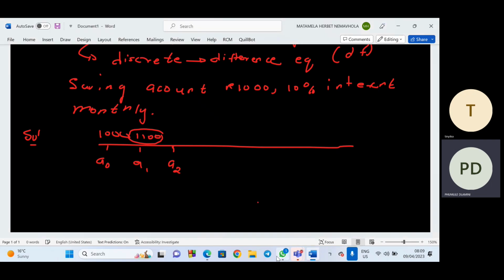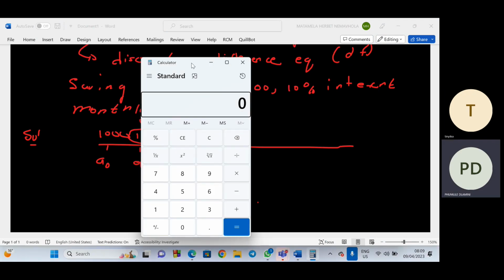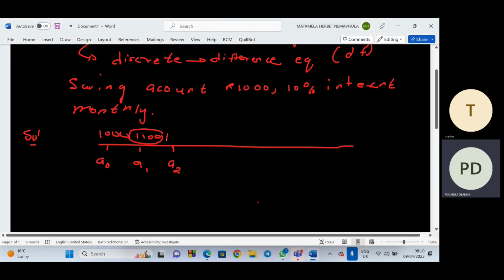We multiply 1,100 by 0.1, and the interest gained is 110. When we add it up, it's going to be 1,210.